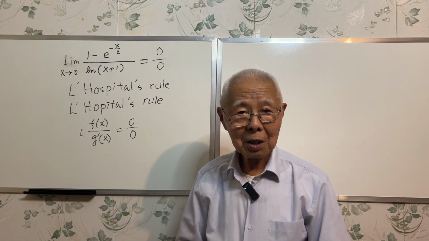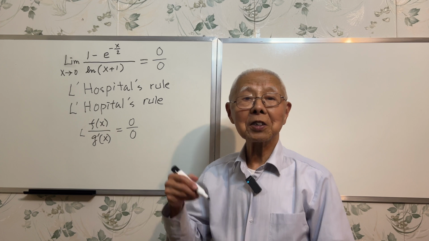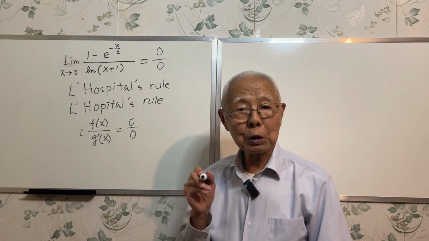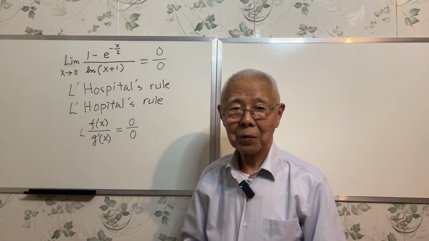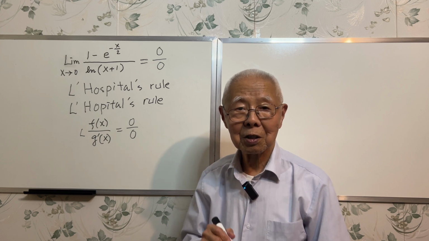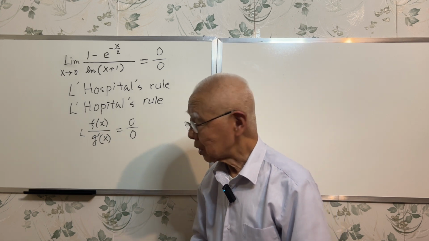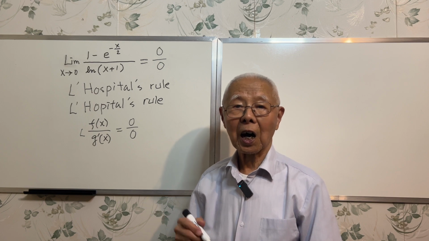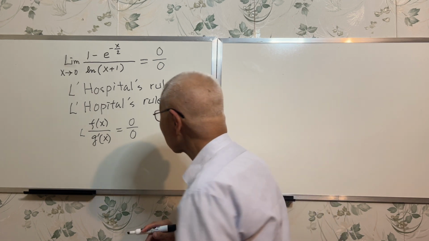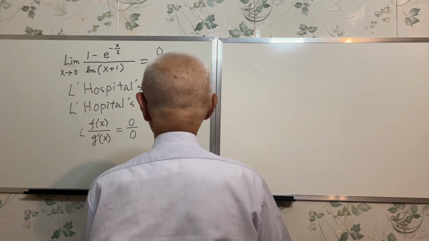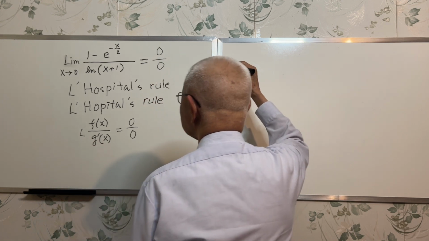However, if you do that, you still get 0 over 0. You repeat the process until you do not get 0 over 0. And that is called L'Hopital's rule. So let's do the example.